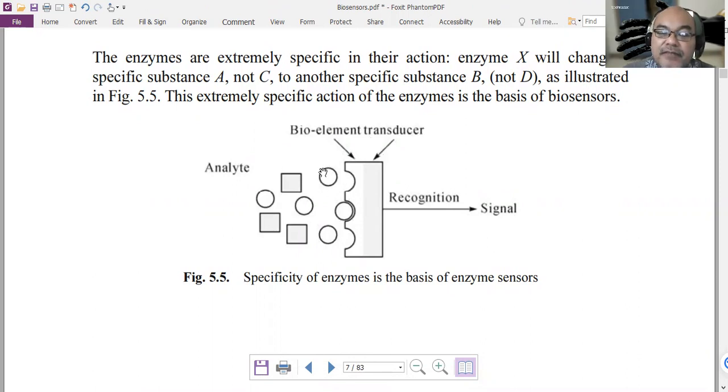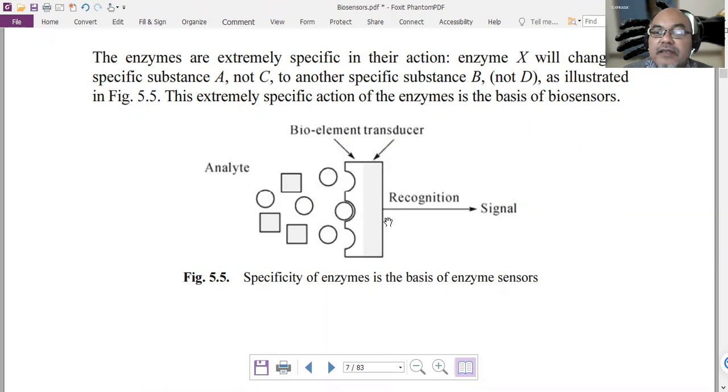If the analyte has a circular shape like this, then it will bind only to the lock, which also has the complementary dome-shaped structure with the same radius. Then upon binding, of course, there will be recognition.